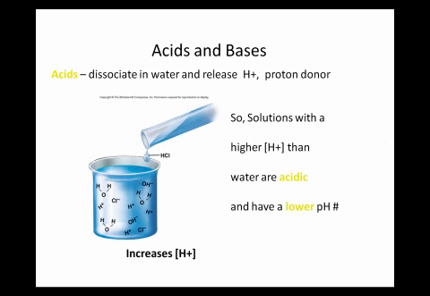An example of this you see in the diagram is hydrochloric acid. If you put hydrochloric acid, HCl, into water, the hydrogen ion, or proton, and that chloride ion will dissociate, and so that is going to release a free proton into that solution.